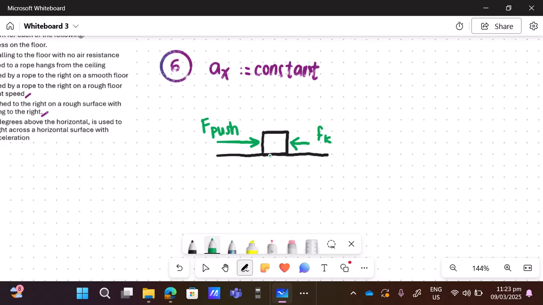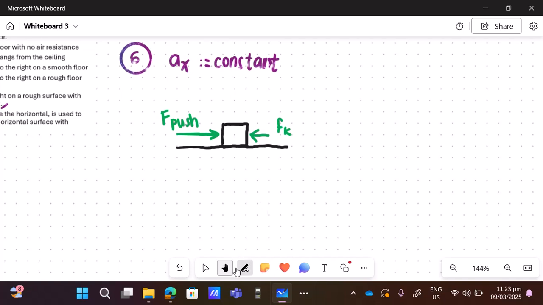Aside from these two forces, what do you think could be the other forces acting on the box? Since this box has mass, we know that there is a force due to gravity acting on this object. So we have here weight, and then we have the normal force, F sub n.